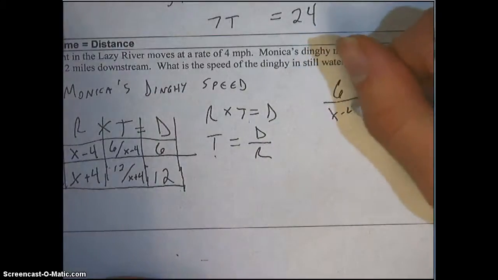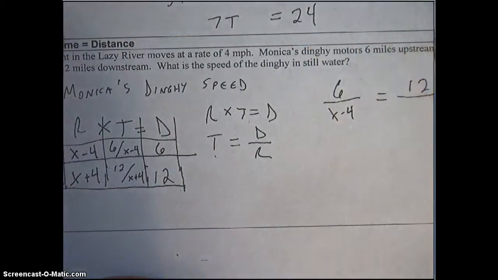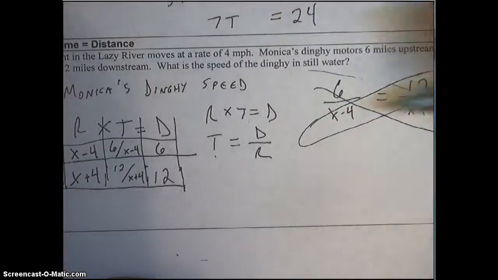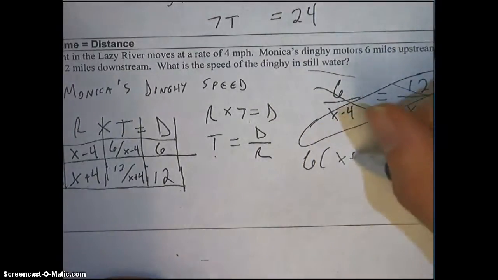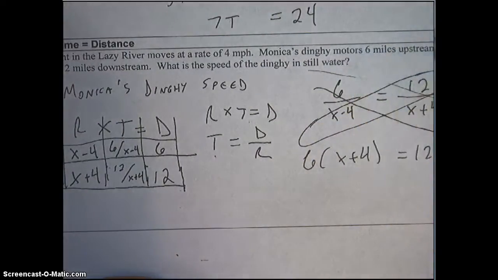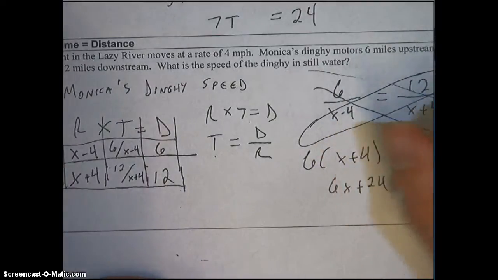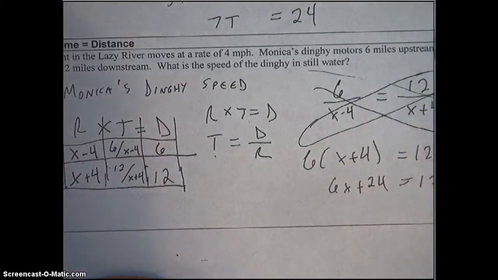6 over x minus 4 equals 12 over x plus 4. And hopefully you can see that this is just a rational equation that you can cross multiply and solve. So I'm going to cross multiply and get 6 times x plus 4 equals 12 times x minus 4. Which is 6x plus 24 equals 12x minus 48.